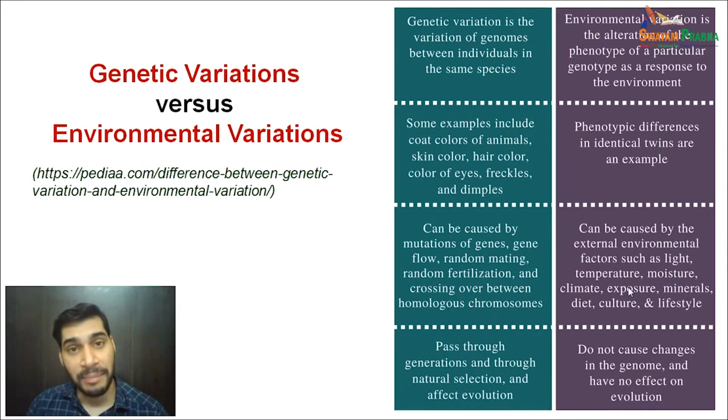These can be temperature, light, moisture, climate, and so on. Genetic variations pass through generations and through natural selection, and thus they are an important factor in evolution, whereas environmental variations do not cause changes in the genome. Hence, they have no effect on evolution.